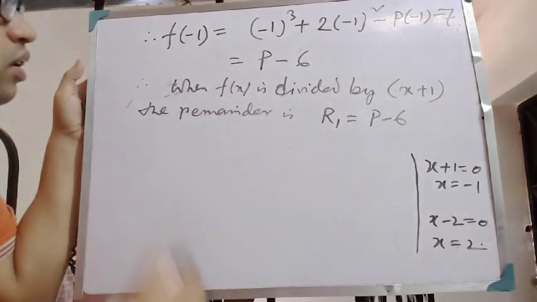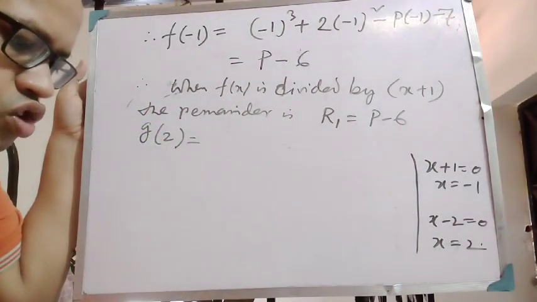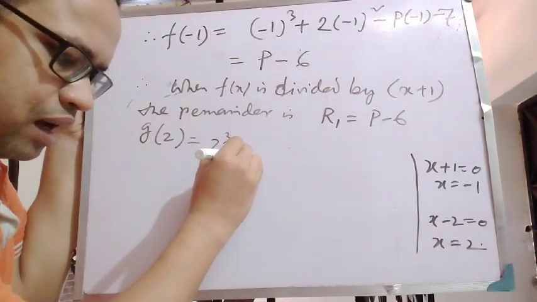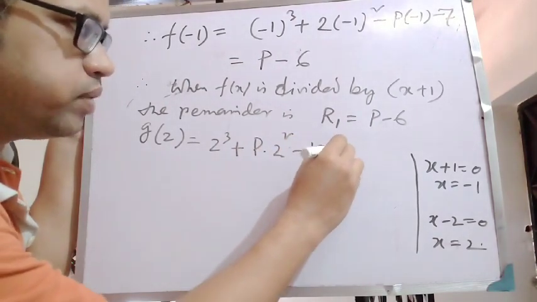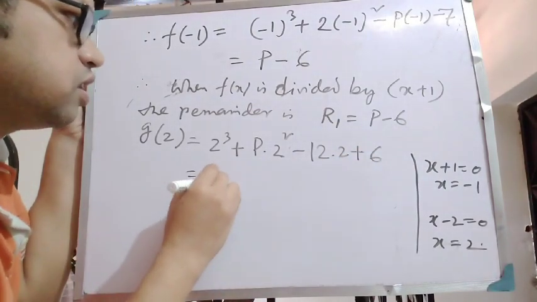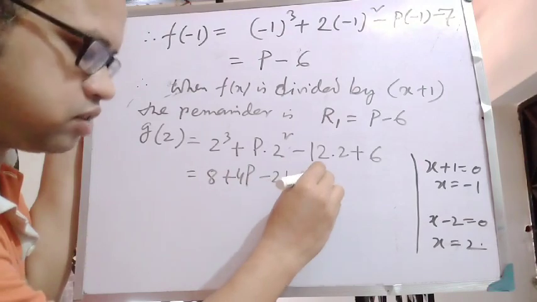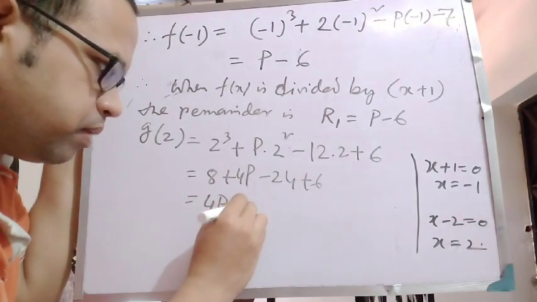Similarly, calculate g(2). g(2) gives you 2 cube plus p into 2 square minus 12 into 2 plus 6. So it gives you 8 plus 4p minus 24 plus 6. After simplifying, you will get 4p minus 10.